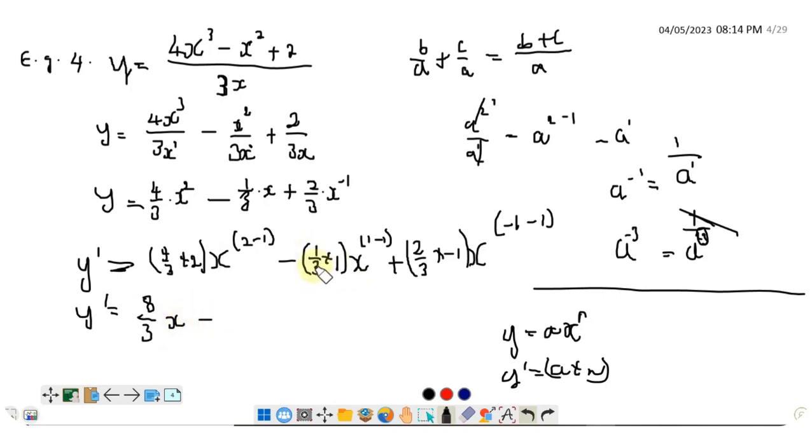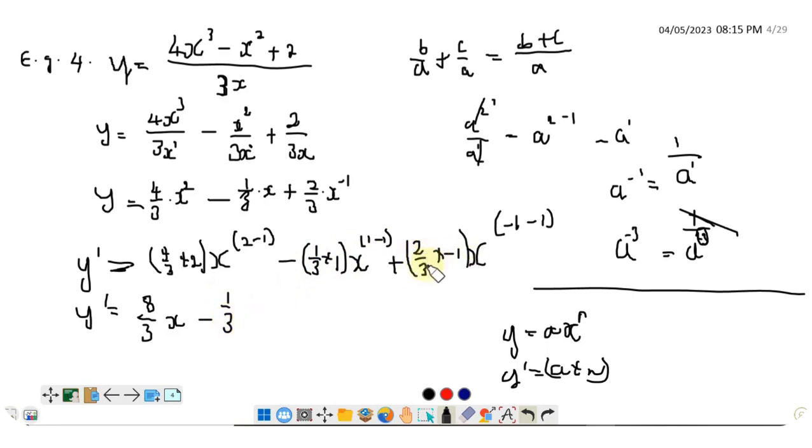Minus 1 over 3 times 1 is 1 over 3. And x to the power 1 minus 1 is x to the power 0. What is x to the power 0? X to the power 0 is 1. Any number to the power 0 is 1. So we remain only with that times 1. So it's just going to be 1 over 3.